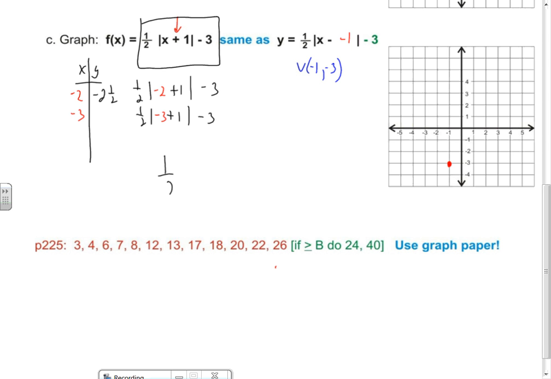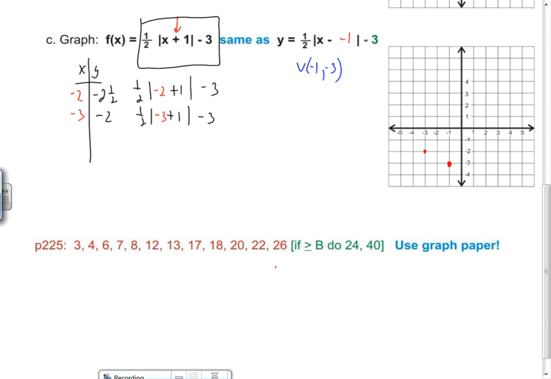Oh, you're scaring me. 2 times 1/2 is 2 halves, which is 1. All right, you scared me. So 1 minus 3 is -2, see, no fractions. Let's plot that. -3, -2, right up there. Do you concur? Okay.